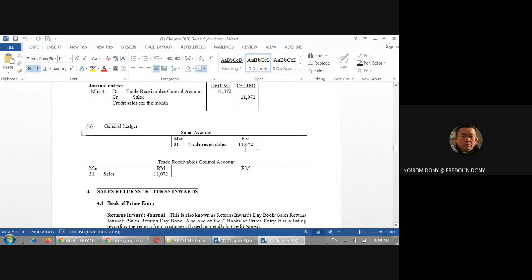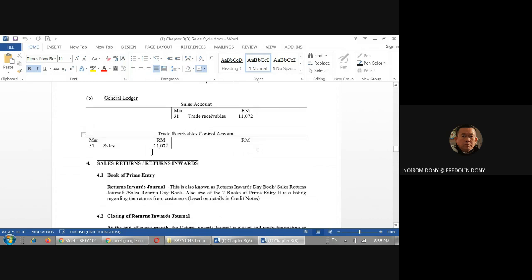So the corresponding entry must be debit. That's why you debit trade receivable control account with the same total amount and the same date, March 31st. So this is where the double entry is being observed. In the sales account, the particular you write down is trade receivable, referring to the name of account that is being debited. And in the trade receivable control account, you write sales account, referring to the name of account that is being credited.